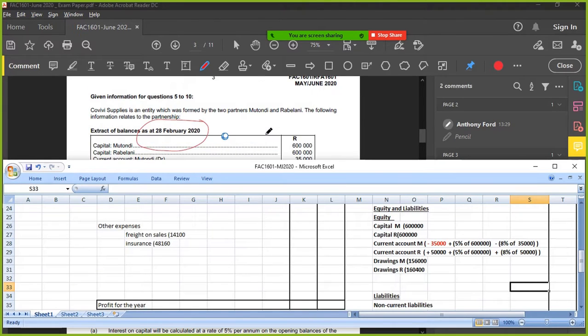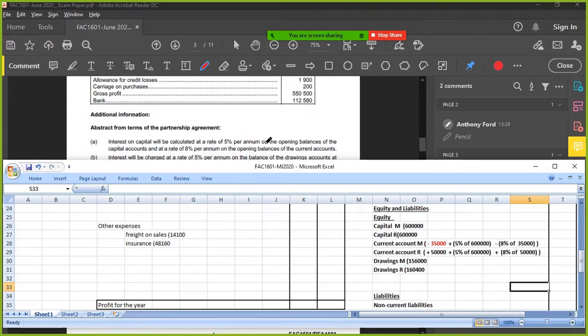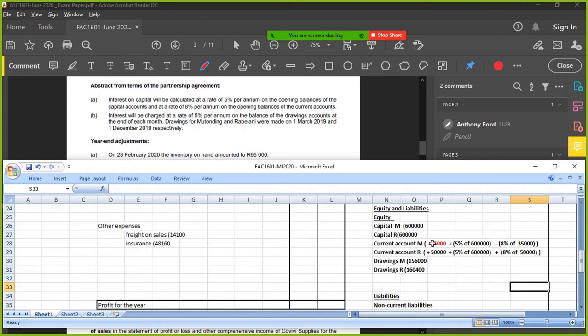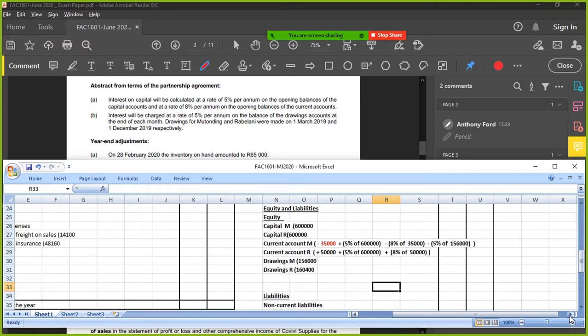Was that the start? Yes. Okay, so it's the whole year. That's fine. Okay, so more minuses here. Okay, minus 5% on drawings. 5% of 156. Okay.